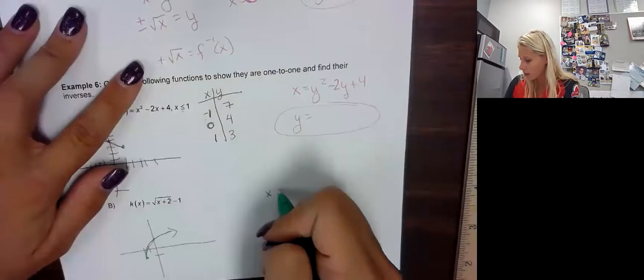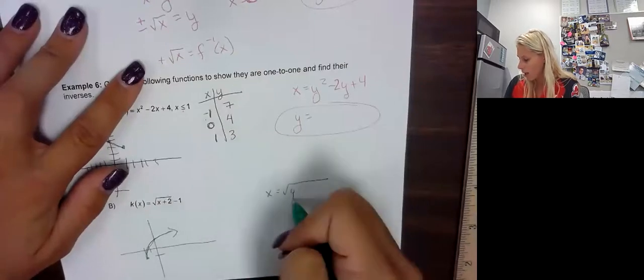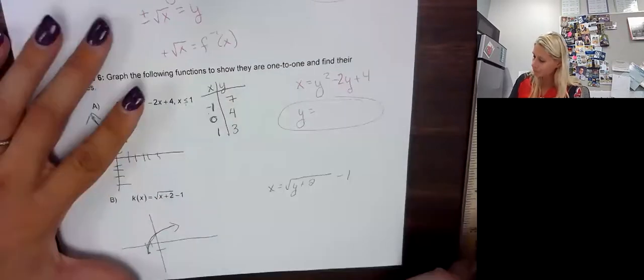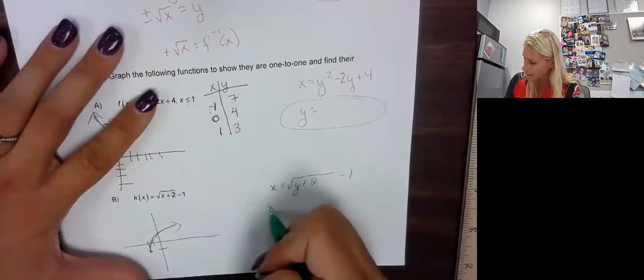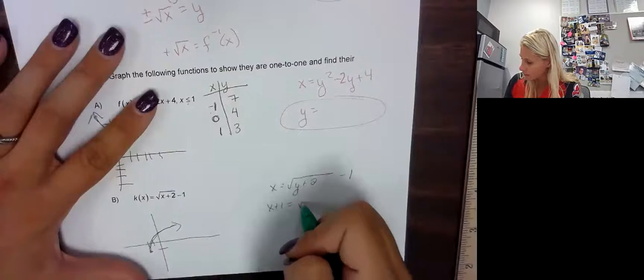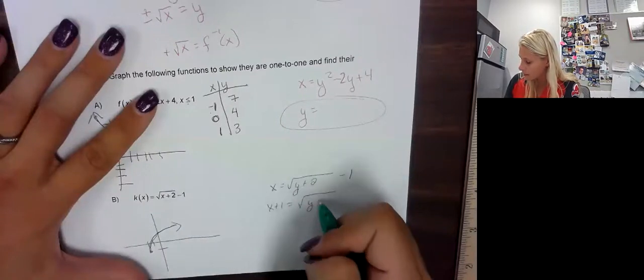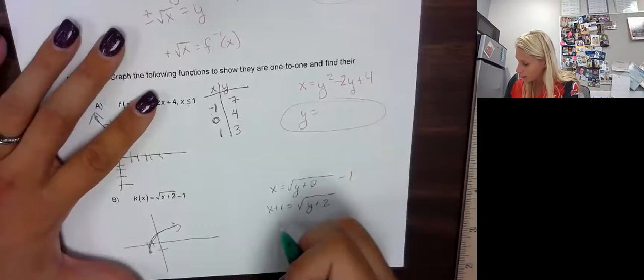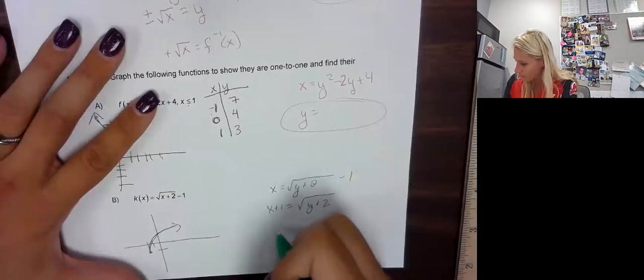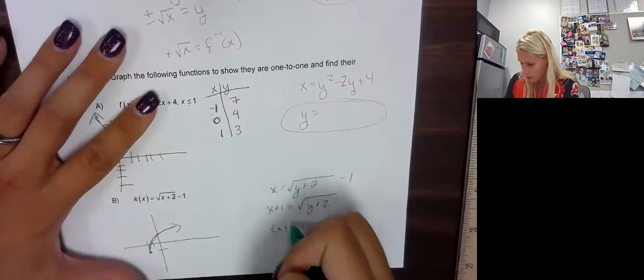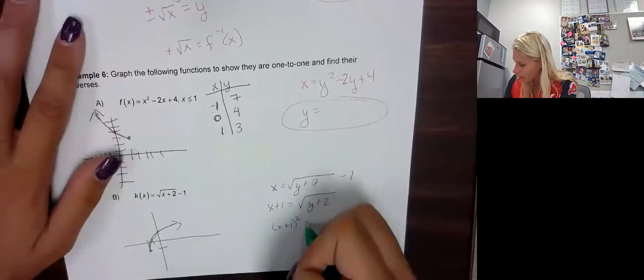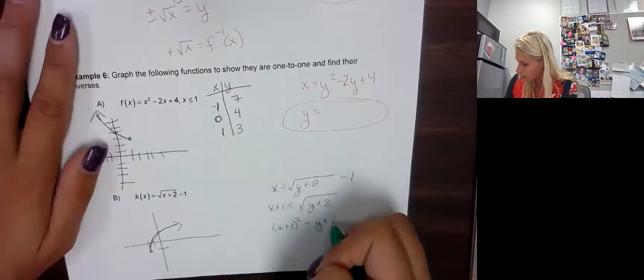x equals the square root of y plus 2 minus 1. Okay, add 1 to both sides. How do you get rid of a square root? You square it, so x plus 1 squared equals y plus 2.